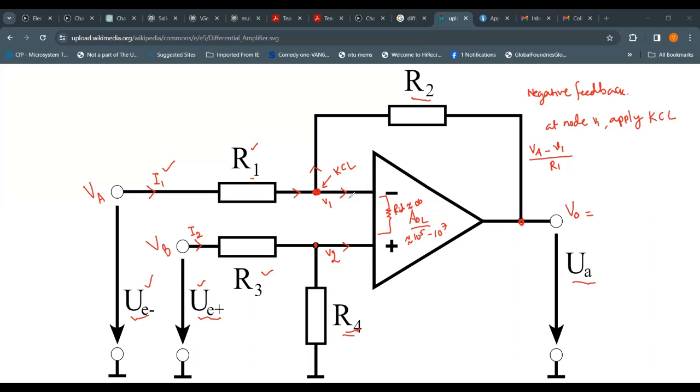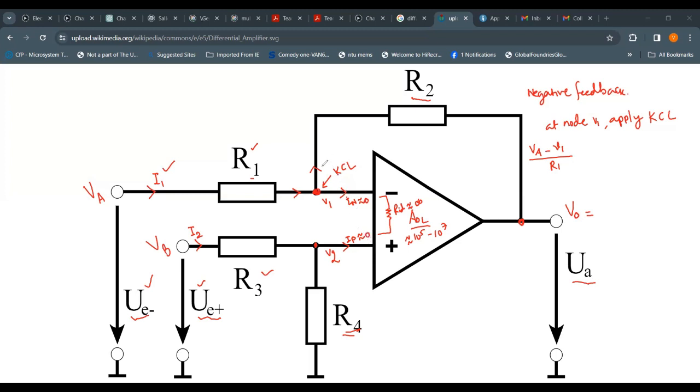Now with saying that the IN, that is the current trying to enter into the negative pin, is approximately 0, and here also IP, that is the current trying to enter the positive pin of the op-amp or difference amplifier, is also equal to 0.